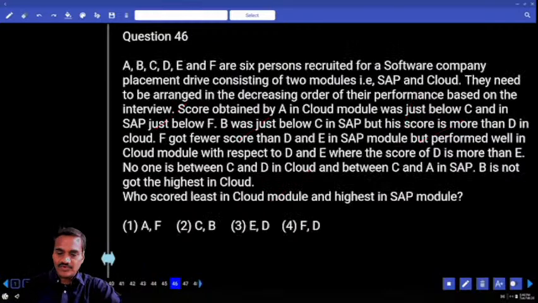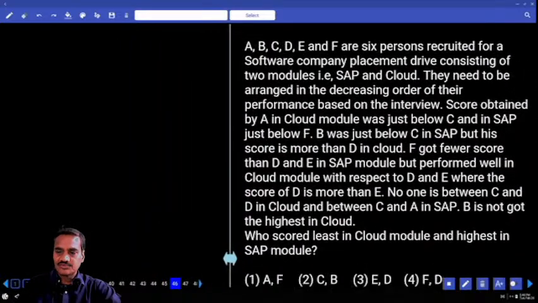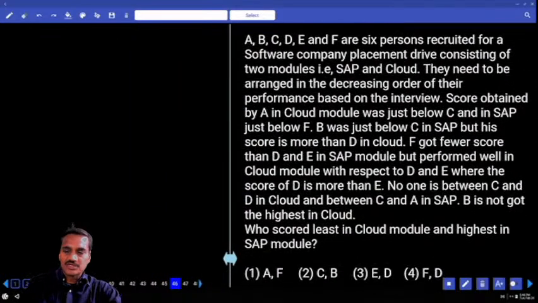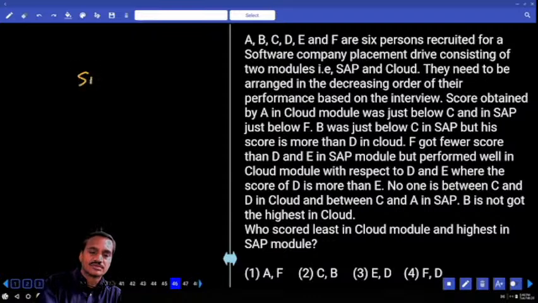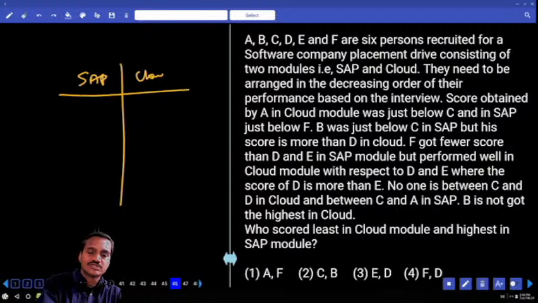Then 46, now there are some 6 persons recruited for a software company placement drive consisting of 2 modules, SAP and cloud. They need to be arranged in decreasing order of their performance based on their interview, isn't it? And who are those two? SAP and cloud. Now how many persons are there? 6 persons.